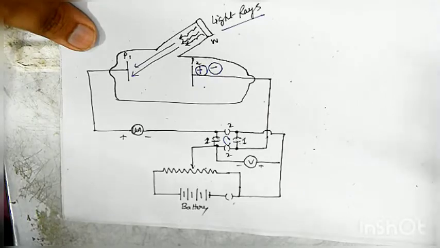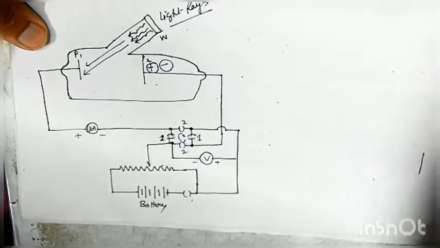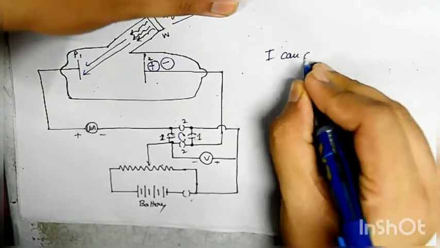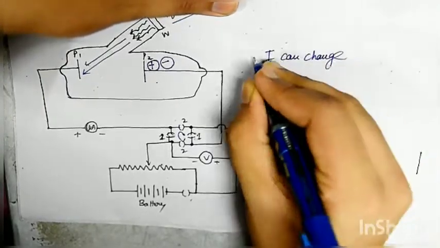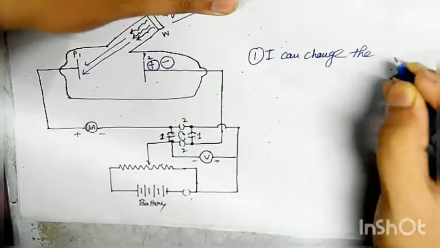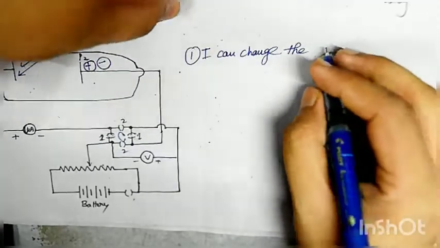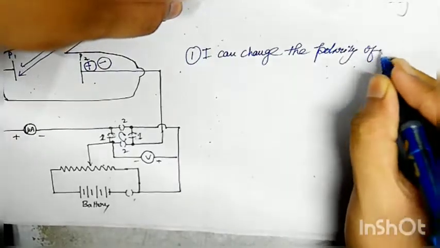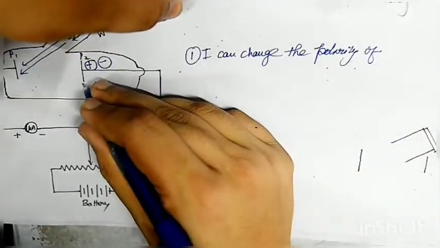So simply, what are the options available? I'm just writing them down. I can change the polarity of terminal P2, this one.